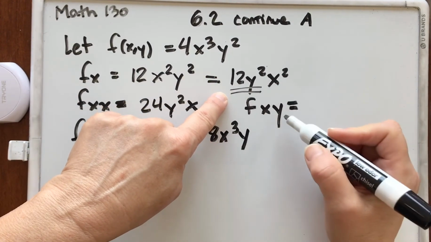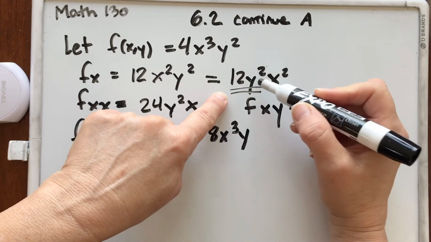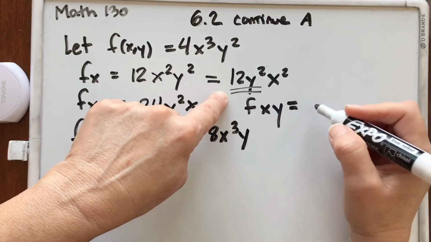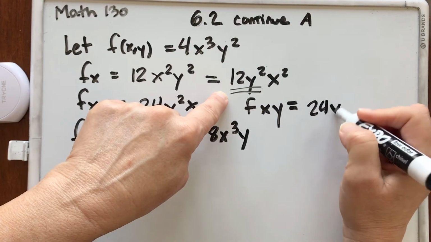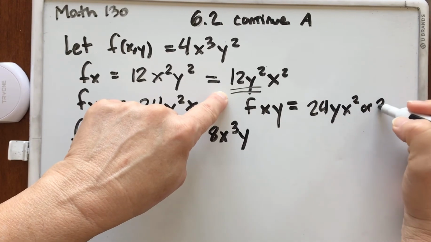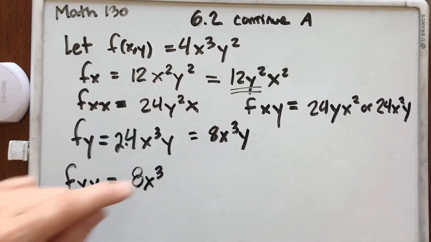Okay, now we're going to do the partial with respect to y. So now y is the variable. So I'm going to bring this over, and we have 24y x squared, or you can write it as 24x squared y.